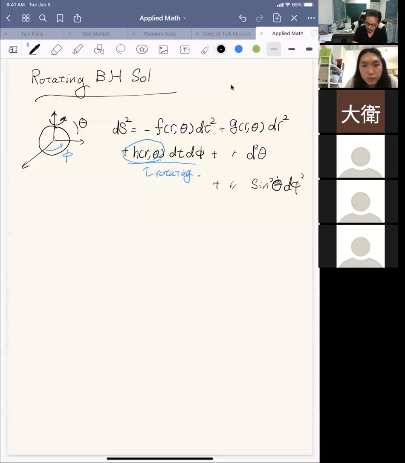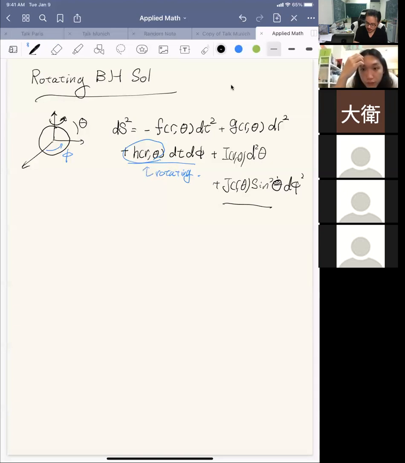So let me just write some function of r and theta, and some function j of r and theta. If I'm looking for a rotating object, this will be the ansatz that you write down.